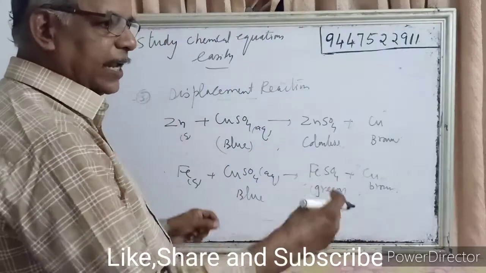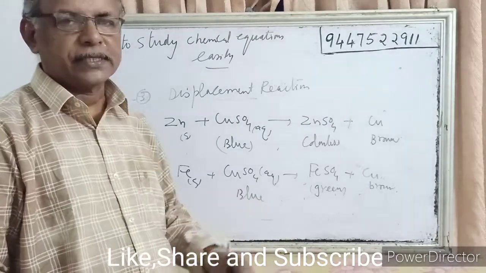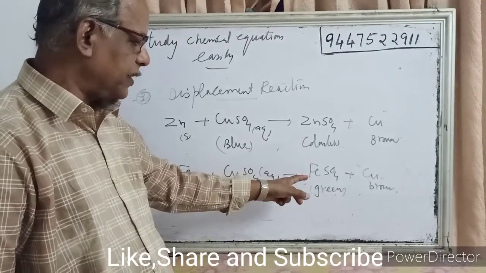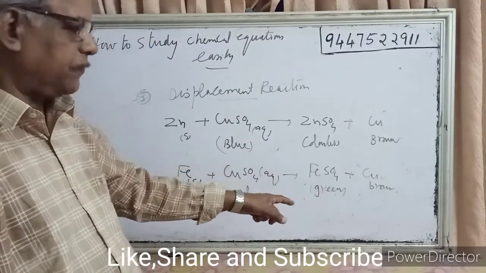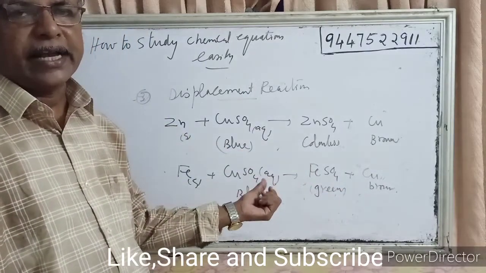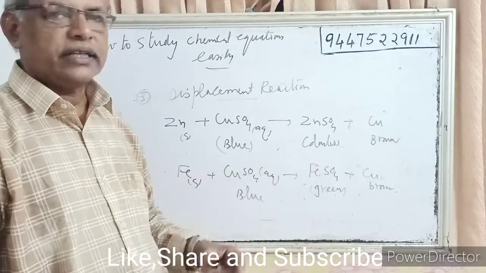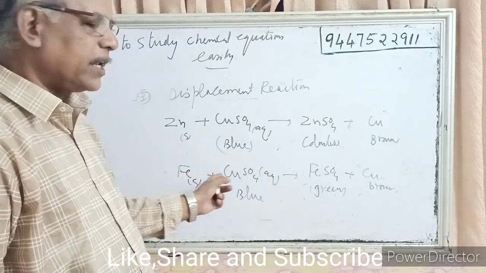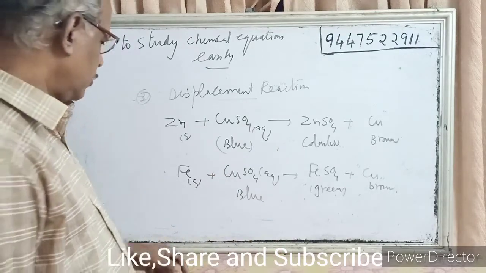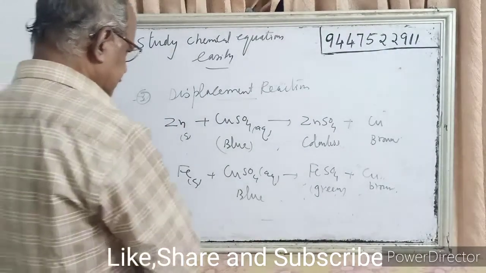When you place an iron nail in copper sulfate solution, after some time you can see the blue color of copper sulfate changes to green, because iron displaces copper from copper sulfate to form ferrous sulfate, iron(II) sulfate. At the same time, the brown colored copper will coat over the iron nail, because iron is more reactive. So a more reactive element displaces a less reactive element from the solution, and these reactions are called displacement reactions.